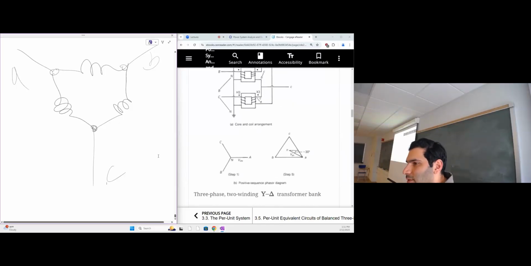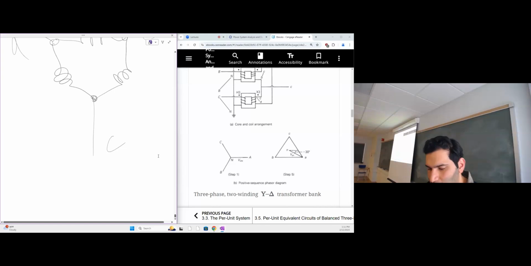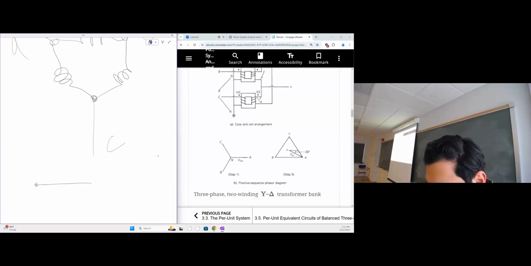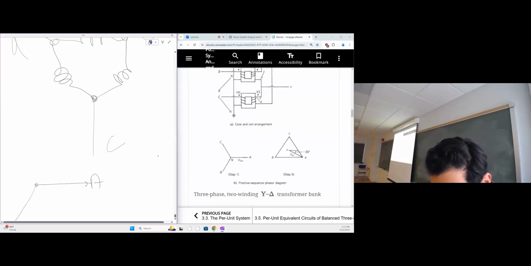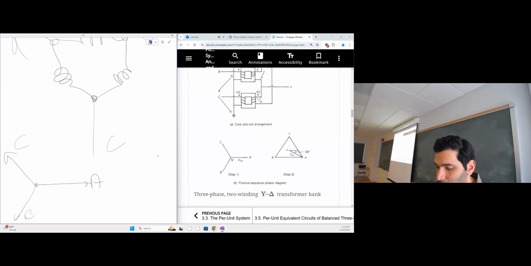If I tell you it's in the positive sequence, you already know that you have a neutral, and then you have A, you have B, and you have C. And those are in positive sequence. I'm referring to this to be the positive direction. My interest now is to know the connectivity or the equivalent representation of the connectivity on the secondary side.